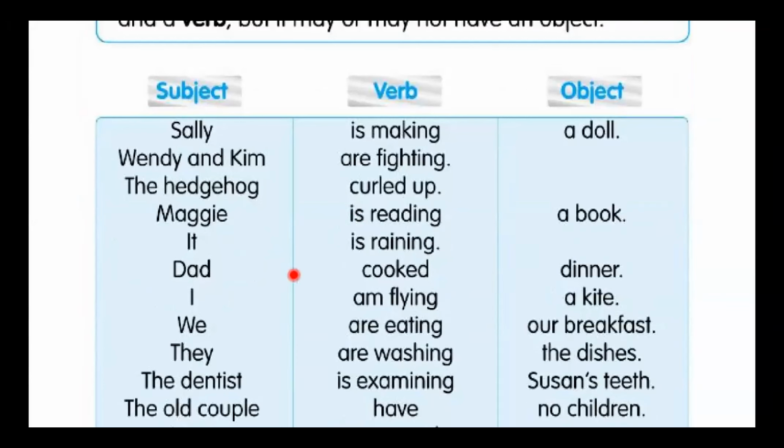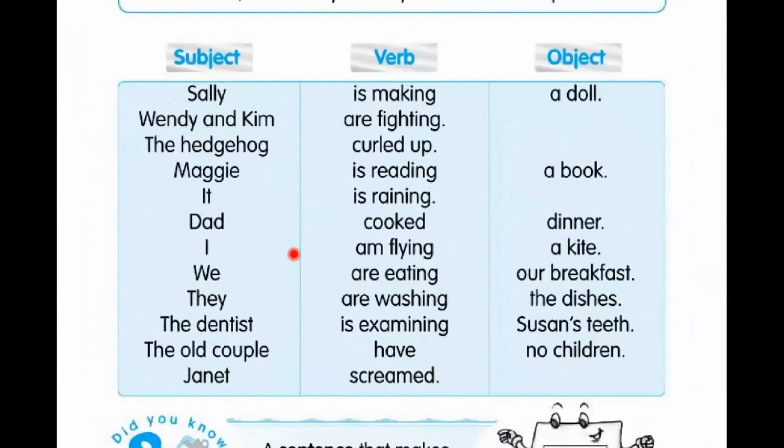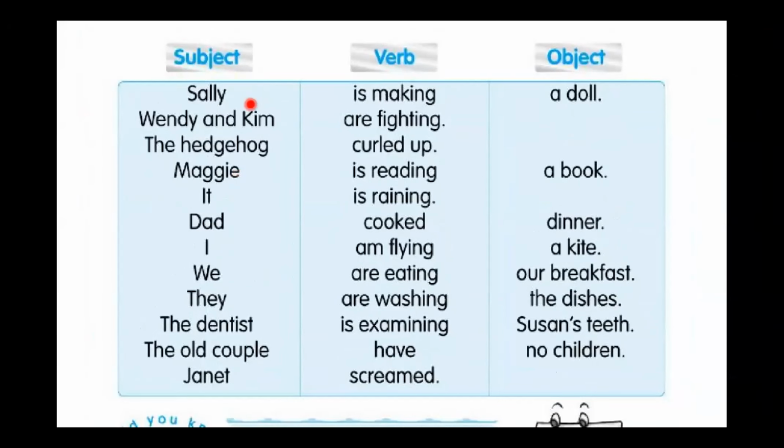Let's read out one by one all the sentences. Sally is making a doll. Sally is subject. Is making is verb.